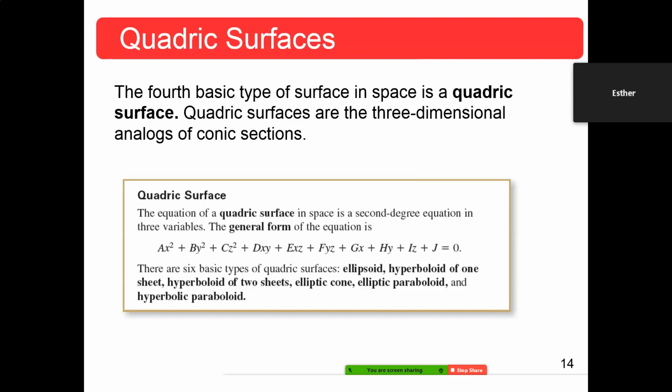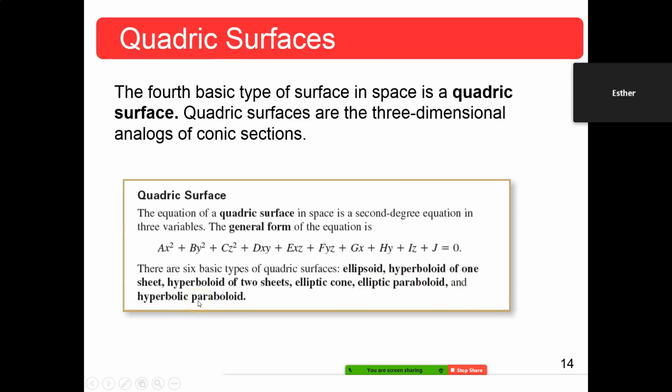I don't know why they jumped into naming these before they showed them to you, but they should have shown them to you first, I think. But we'll get to those in a minute. The elliptic cone. There's an ellipsoid, this is an elliptic cone, and we'll point out the difference between those, quite a bit of difference. Then we have an elliptic paraboloid, and a hyperbolic paraboloid.